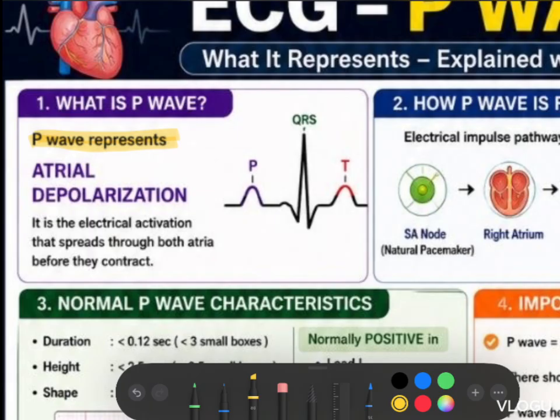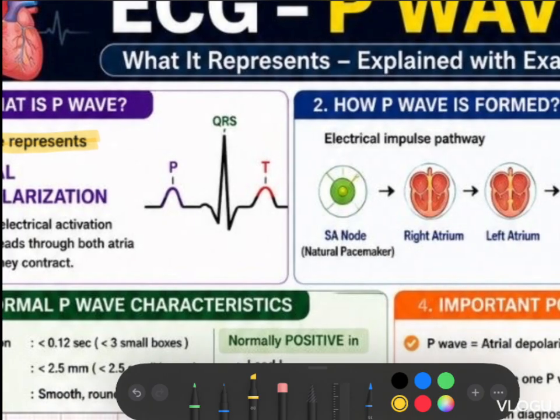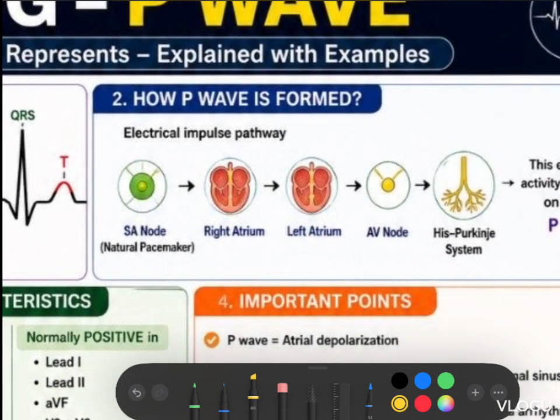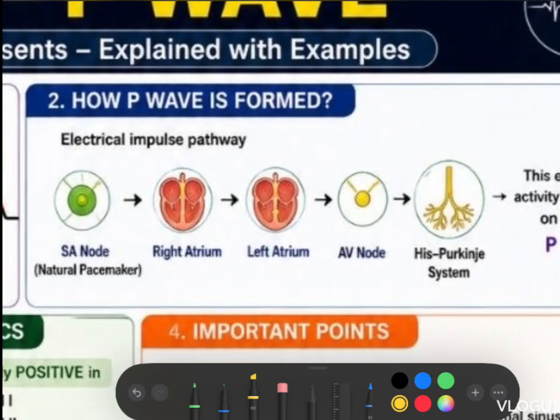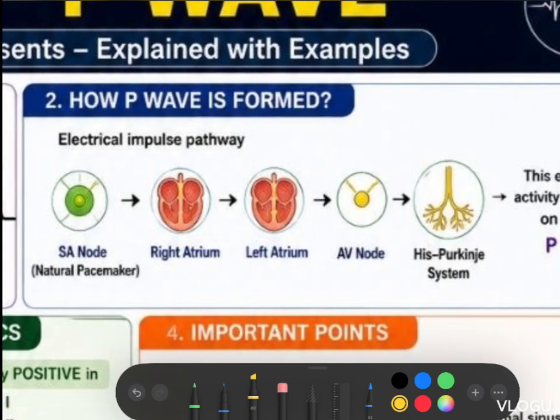So where does the P wave begin? You can see in this image how the P wave is formed.